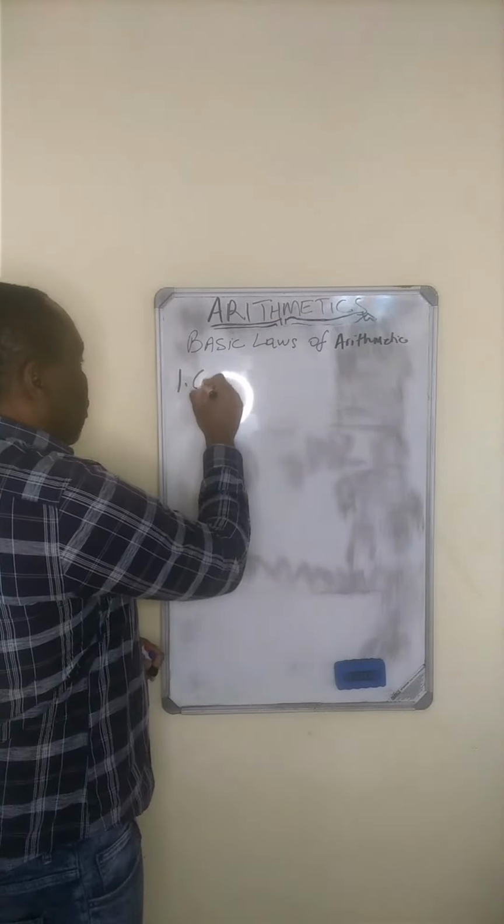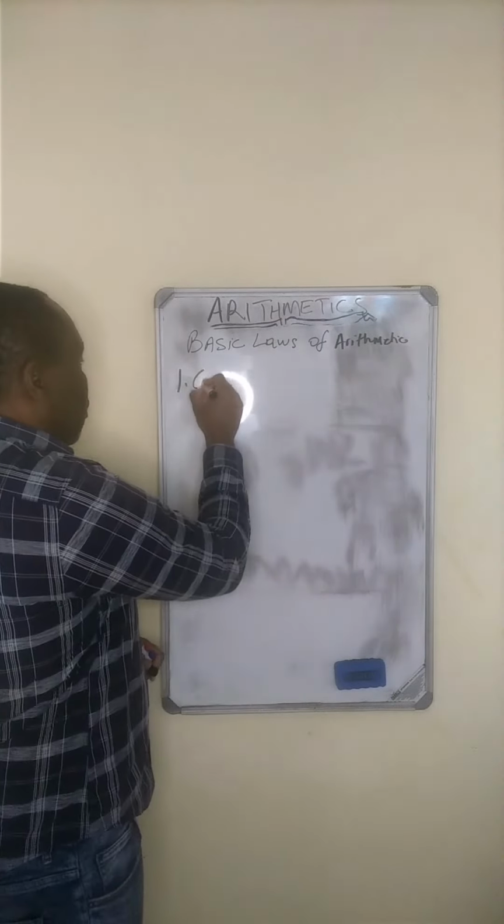Let's see when we move on to the next one. Might as well wipe it off, and then we come to associativity. Right, same thing we want to see, but here we go: 3 plus 4 plus 5 in brackets, right?